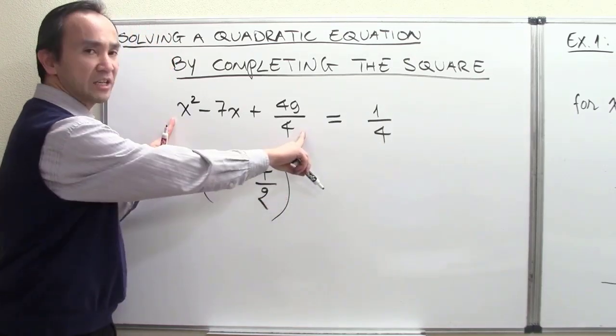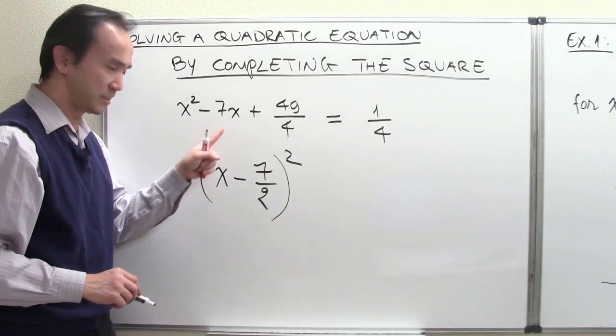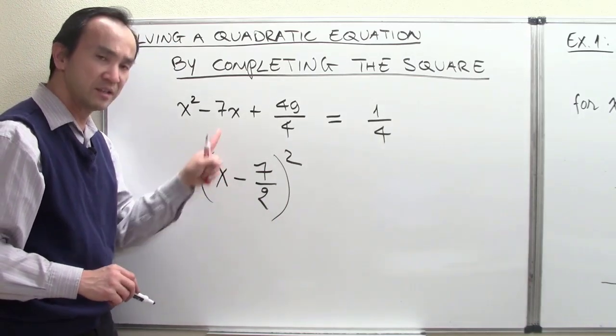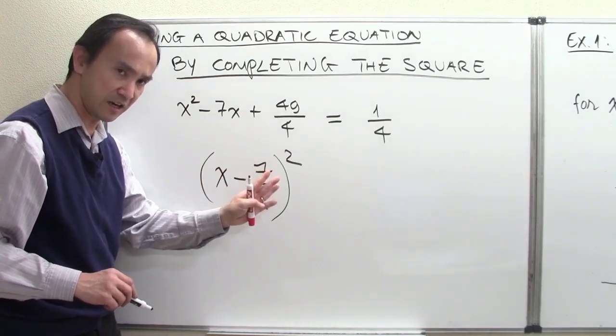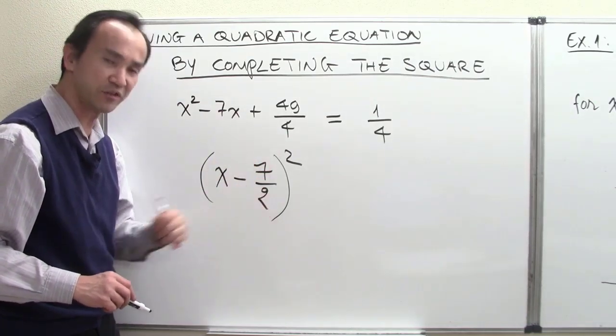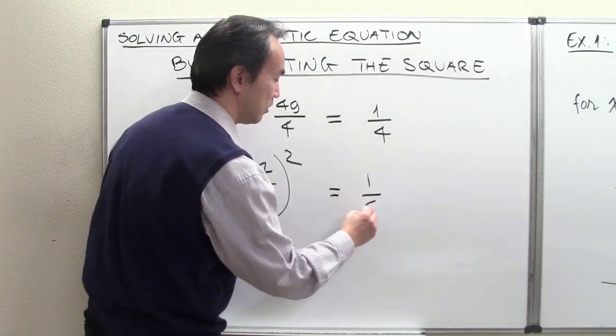That's how I recognize this left hand side as a perfect square. And once again, how I can do that so quickly, you must review that video lesson of mine, because I delivered that lesson prior to this particular lesson. The right hand side remains equal to 1/4.